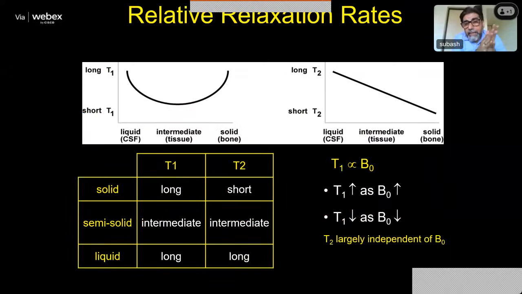The idea of this slide is to tell you that if you go from 1 Tesla to 2 Tesla or 3 Tesla, the T1 relaxation of the tissues changes linearly. As B0 increases, T1 also increases, and if you reduce B0, T1 will also decrease. But T2 relaxation times are largely independent of the external magnetic field.